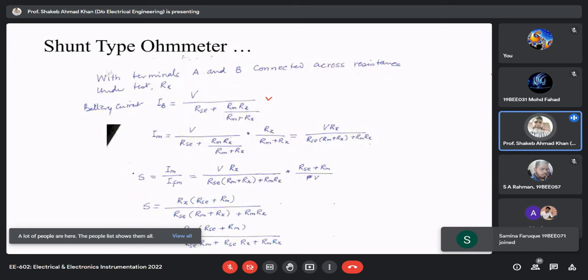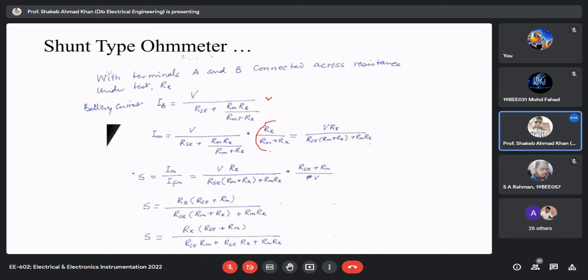So that's what I had written here. This is that term that I had written, and this is your IB from the above expression. This is your battery current. After simplification, we got this one. Now we are taking this ratio. If you look at this ratio, this is basically the normalized meter current.